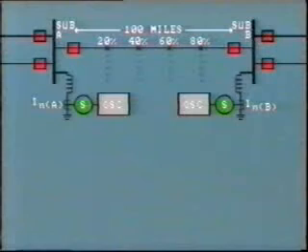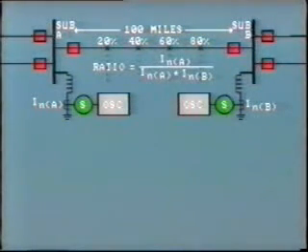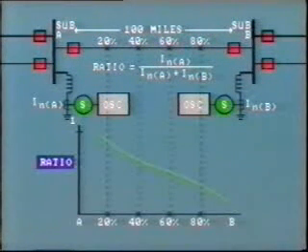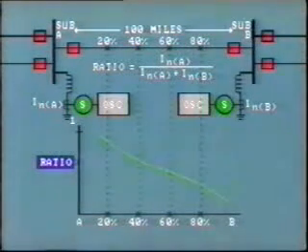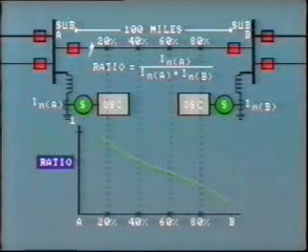For each different location, the computer program calculates a ratio, INA divided by the sum of INA and INB. This ratio represents the fault current contribution from station A divided by the total fault current. When the fault current ratio is plotted against fault location in miles, we get a series of points and a curve that looks like this.